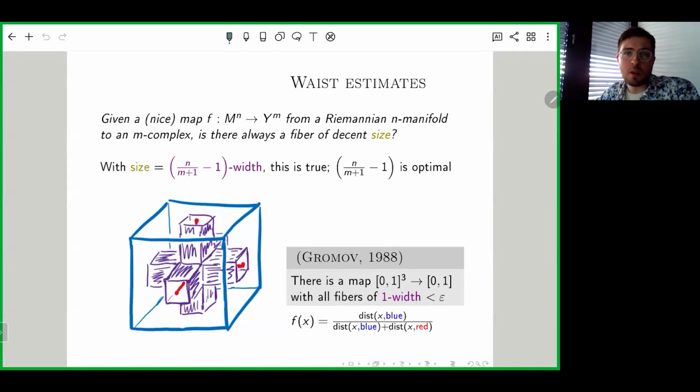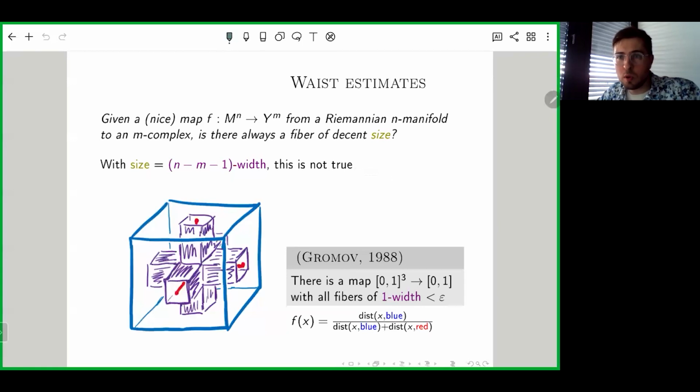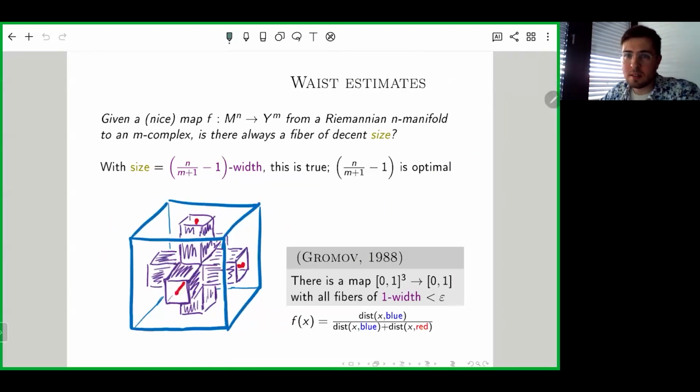Okay, so more generally, what can be shown is that if I'm more modest and I measure the size with, like, here I have something which behaves like n minus m width. In order to make this statement true, in order to make the answer to this question yes, I'll have to replace n minus m with n over m.